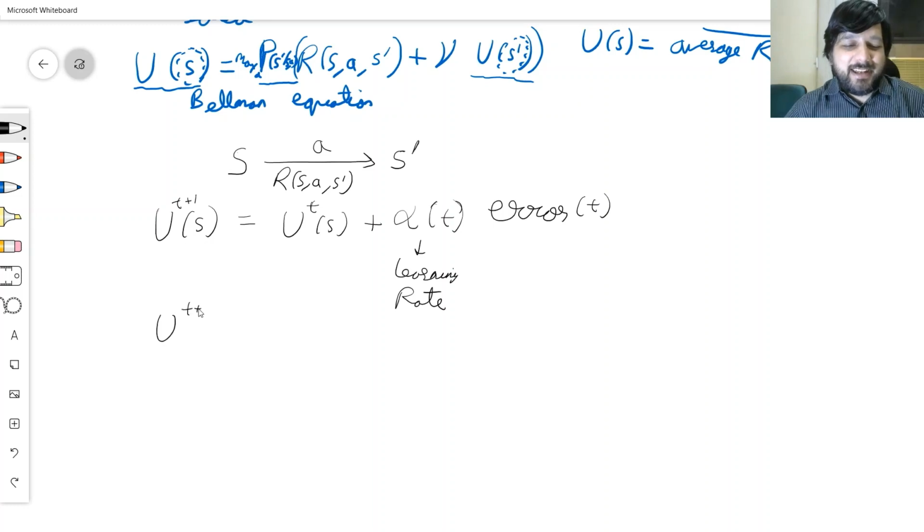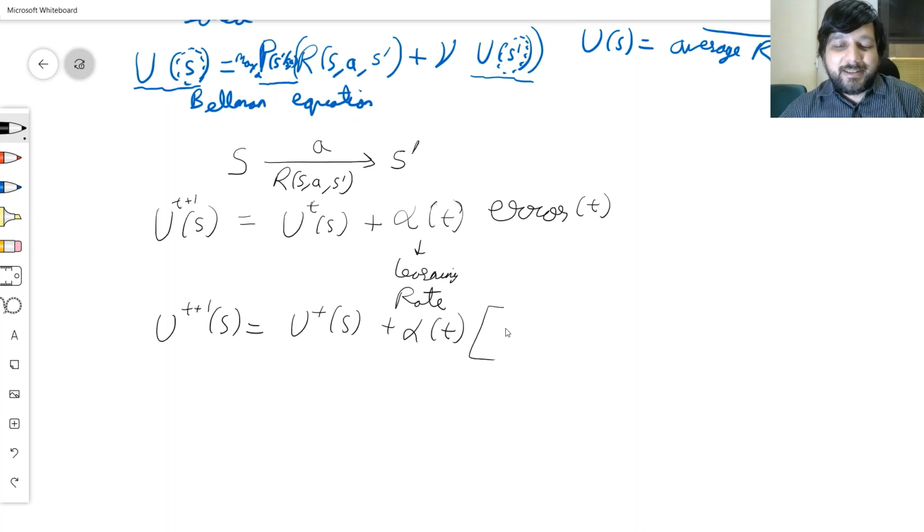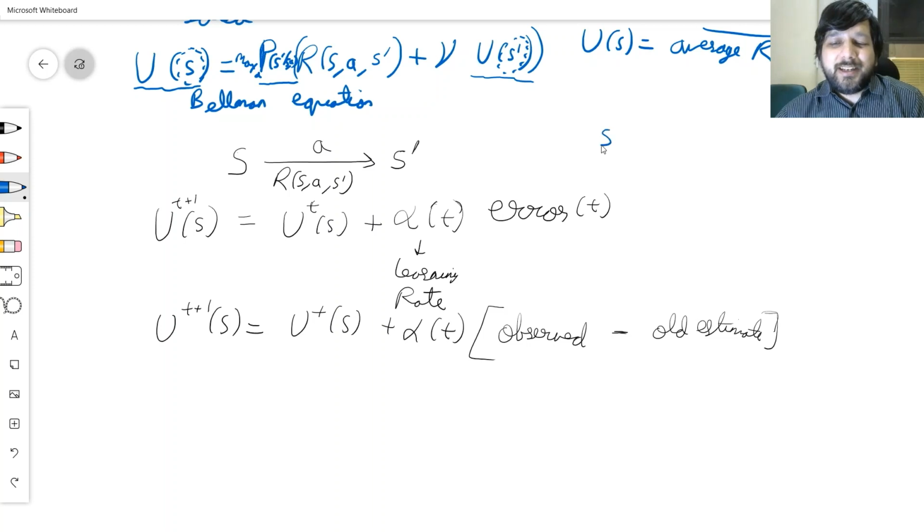So let's define the error. Utility at time t plus 1 of S is utility of S plus learning rate times: what is the utility that I observed, my new observed utility, minus what was my old estimate of utility? That's how I define the error. What did I observe minus what's the old value? And let's solve this further. What's my observed? All that I know is from state S, I got a reward of R(S, A, S dash).